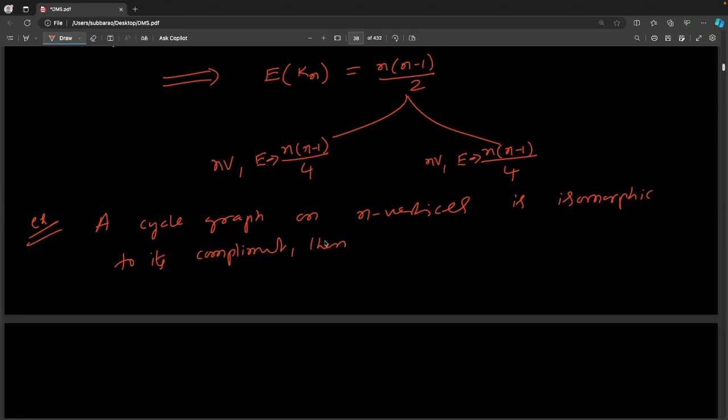Then find the n value. How will you proceed? Can you do it?